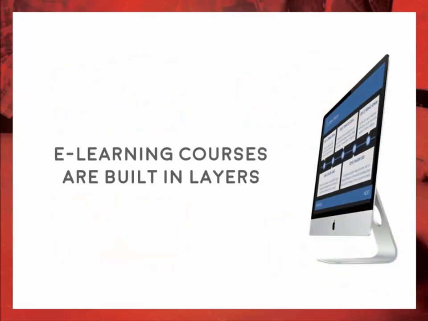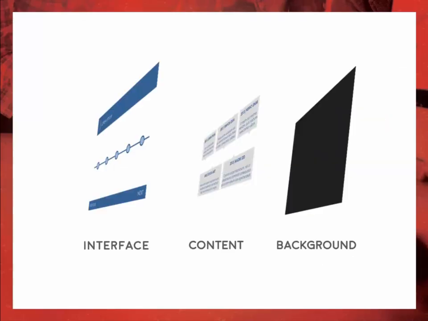This next slide is an example of a slide that I use in a separate presentation I give on user interface design. And in this presentation, I explain that e-learning courses are built in layers, right? After I talk about what's on the screen, I go to this slide where I say, there's an interface layer, there's a content layer, and there's a background layer.